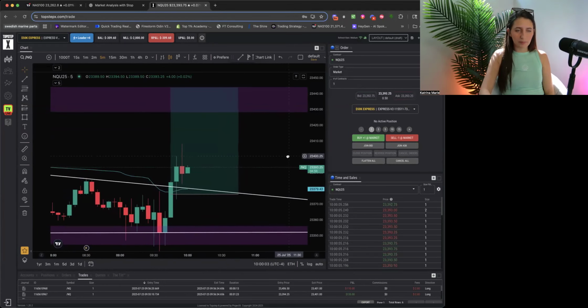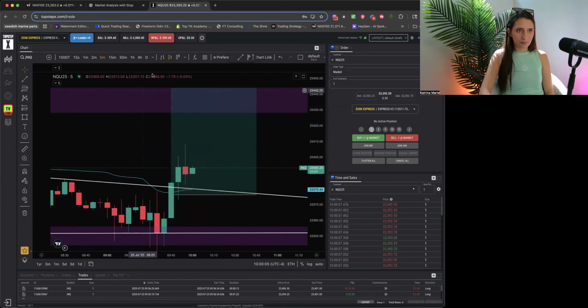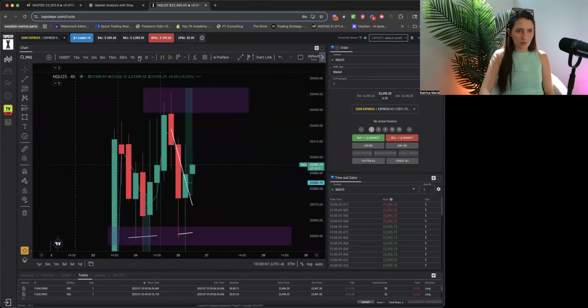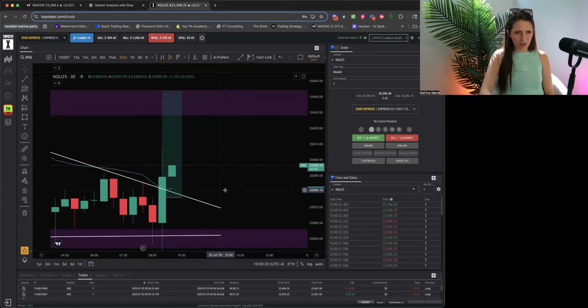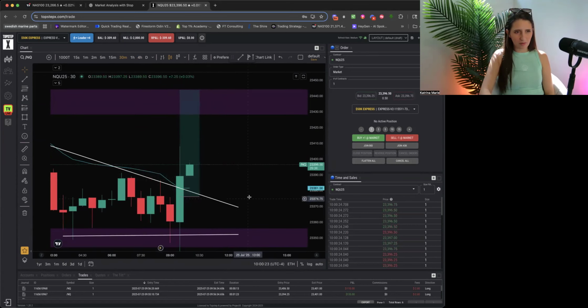A weird day. No wick on the other side. That's really what I wanted to see, a wick on the other side and then continuation up. I don't like when the 4 hour doesn't give me a wick or a sell and then entering for a buy.